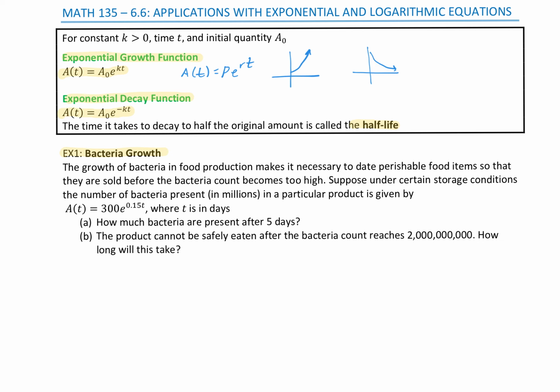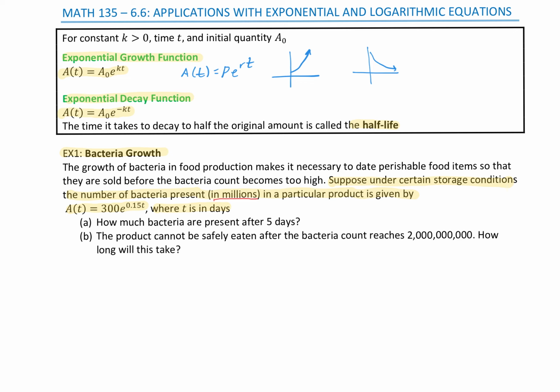So suppose under certain storage conditions, the number of bacteria present, and this would be in millions, in a particular product is given by A of t equal to 300 e to the 0.15t, where t is in days. So here that 300, it's not 300 bacteria, it's 300 million bacteria because our units are in millions.